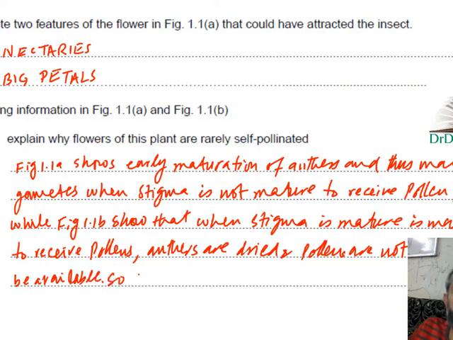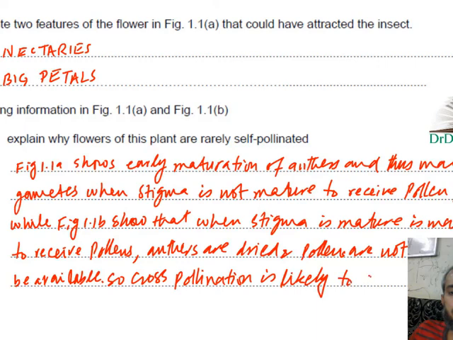So cross-pollination is likely to occur. So this should be the answer for this. You have to give the reasons, meaning you have to explain it with the reasons.